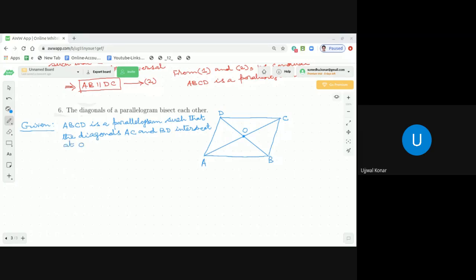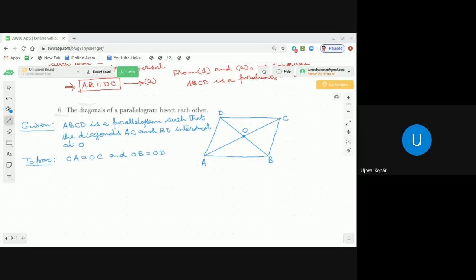And what to prove? We need to prove that OA equals OC, and OB is equal to OD. And let's see how we are going to prove it.